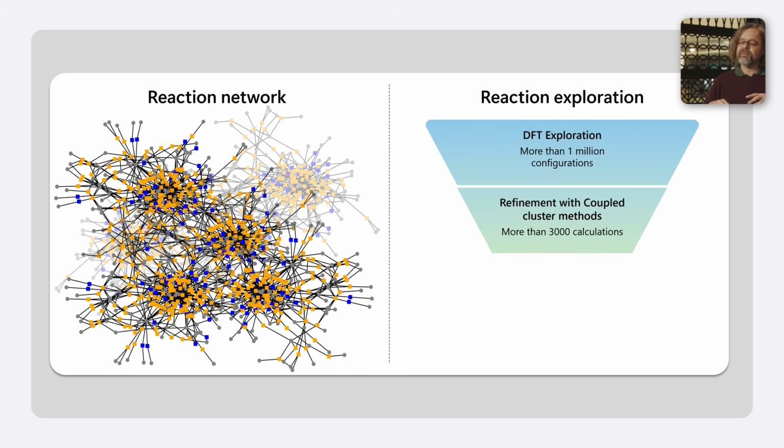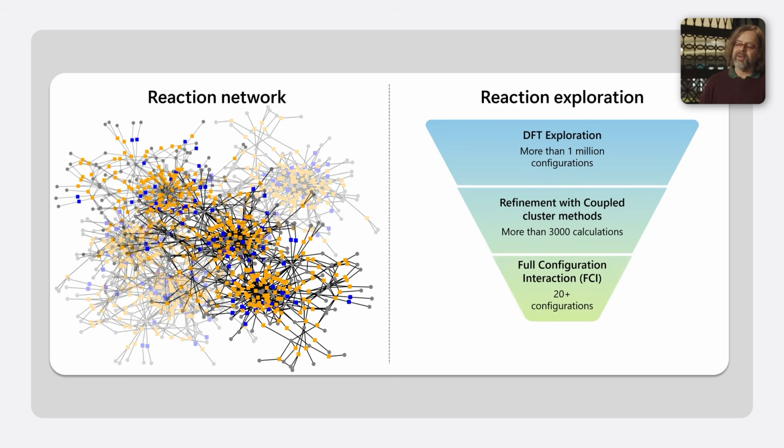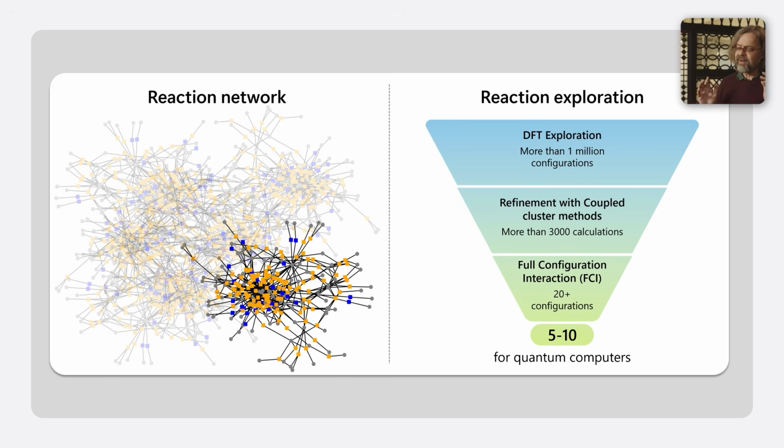So then we found about 20 where we didn't trust it. There we then did the full configuration calculations. And for 5 to 10, we would really have loved to run it on a quantum computer to get the right rates.